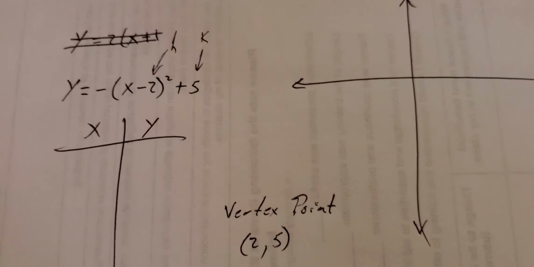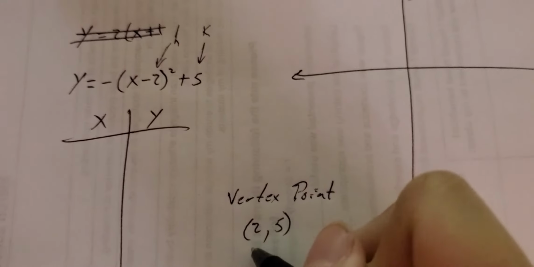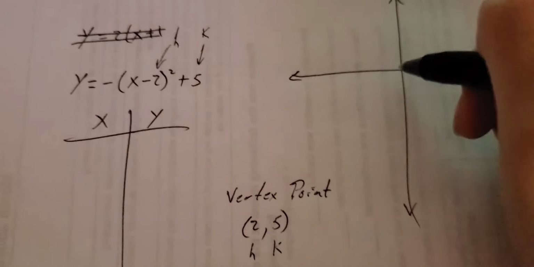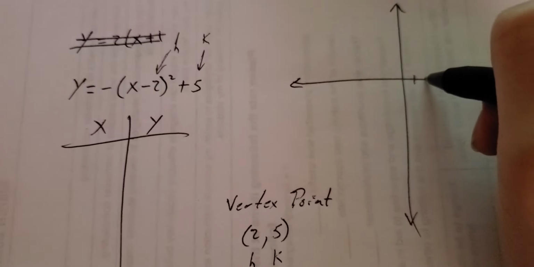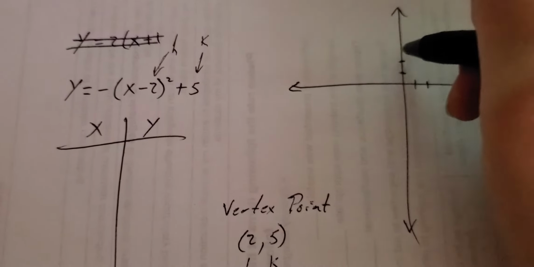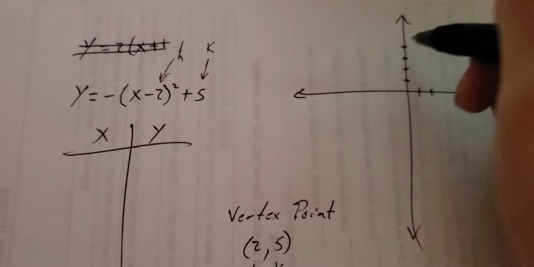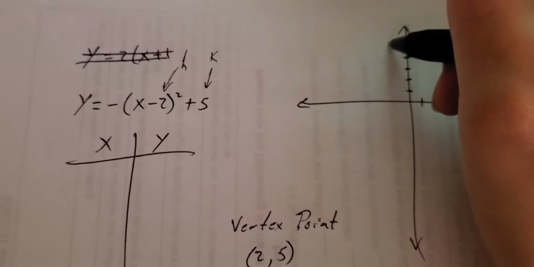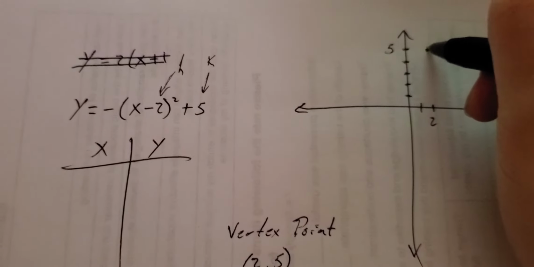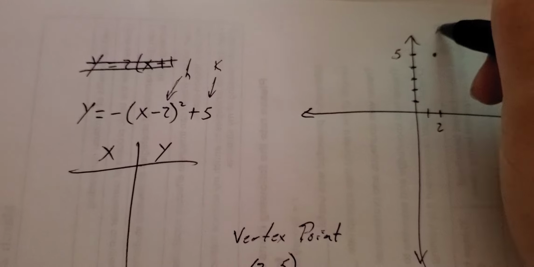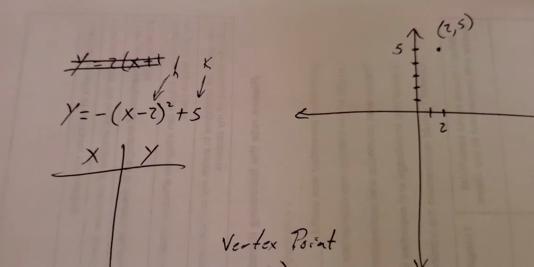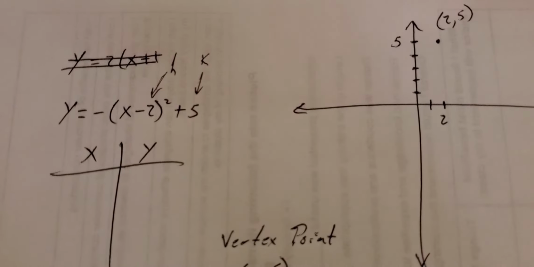This is your h and this is your k. So let's graph this point. It's 2 to the right, and then 1, 2, 3, 4, 5 units up. So 5 up, and to the right, my point is going to be here. This is my vertex at 2, 5. There's my vertex point.